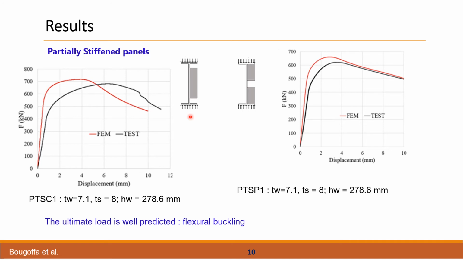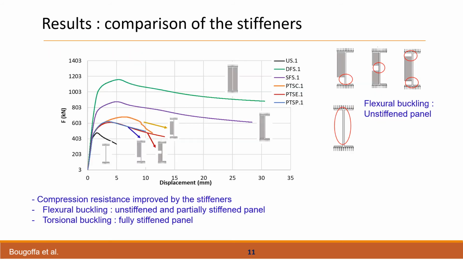As for the other specimens, the finite element model is close to that observed for tests, mainly for ultimate resistance, represented here. The comparison of all the load-displacement curves of the specimens from tests shows the influence of the stiffeners on the curves and maximum load reached.